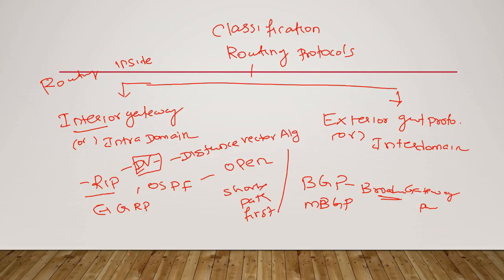What about OSPF? It has its own algorithm, called the link state algorithm, which works under OSPF. Similarly, BGP has its own algorithm, called path vector. These are the three algorithms behind these protocols.